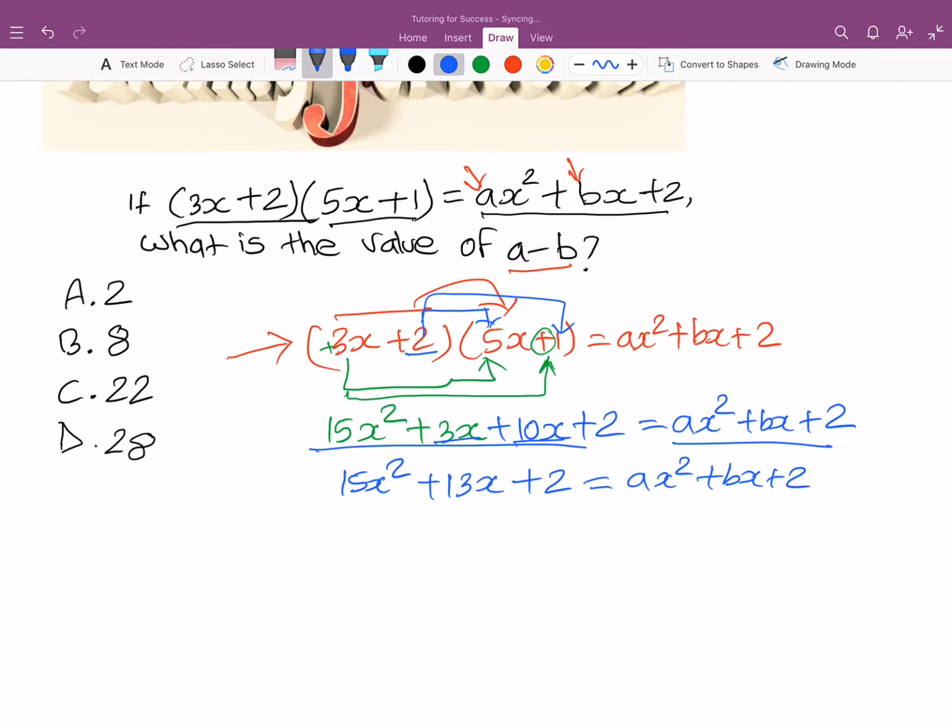Now I have an equation in the format of ax squared plus bx plus c, and this is also in the format of ax squared plus bx plus c.